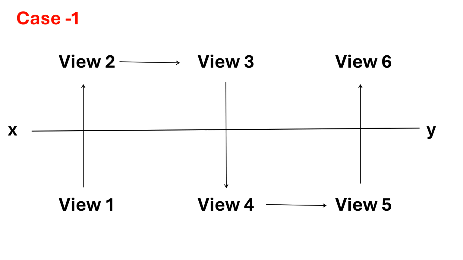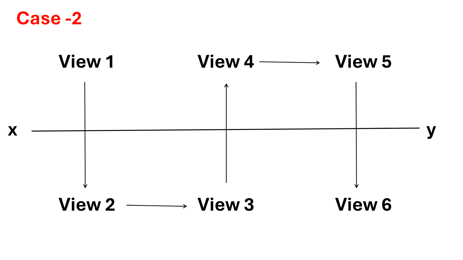So this is case 1, and case 2 is where you start with view 1 in the front view, then you get view 2 below the xy line, and you rotate view 2 here. Then you will get view 4 when you project from view 3 and view 1, rotate view 4 to get view 5, and from projecting view 5 and view 3 you will get view 6.